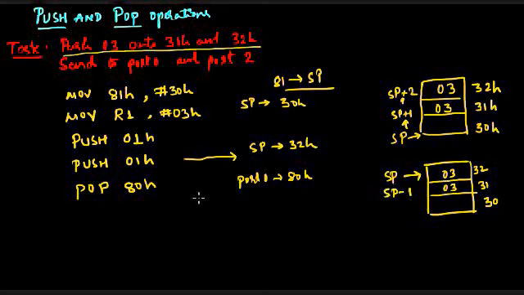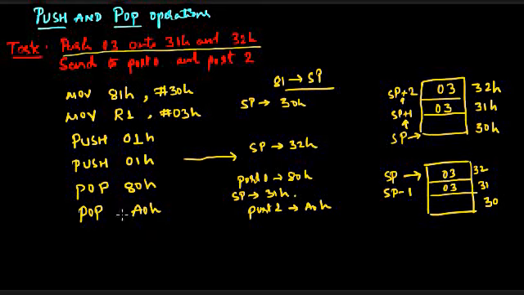Now after the execution of this instruction, SP is pointing to 31H, and now we need to send whatever data present on 31H to port 2. For that, I'll again pop, sorry, the address for port 2 is A0H. Port 2, the address for which is A0. Here we cannot write simply A0 because any address we have written must be followed by a number.